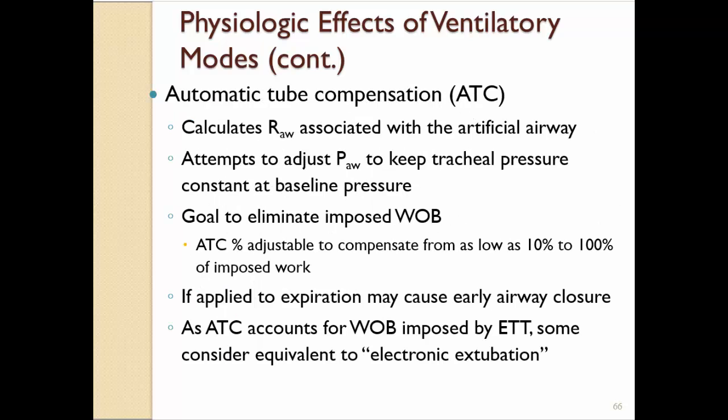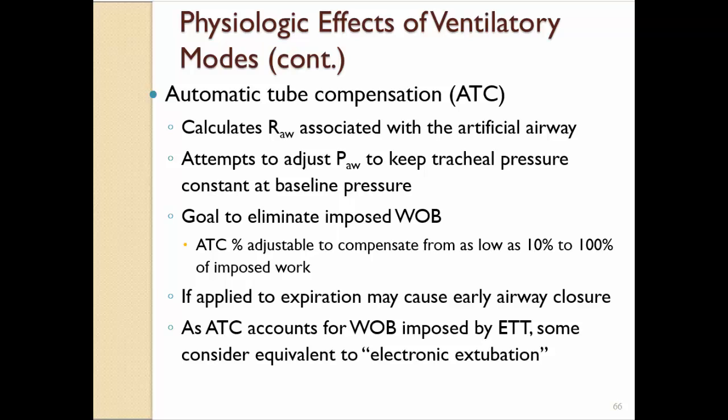Automatic tube compensation. This calculates the resistance associated with the artificial airway, and that's what it's based off of. It attempts to adjust the airway pressure to keep the tracheal pressure constant at baseline. The goal here is to eliminate the work of breathing that's imposed by the endotracheal tube and the circuitry.